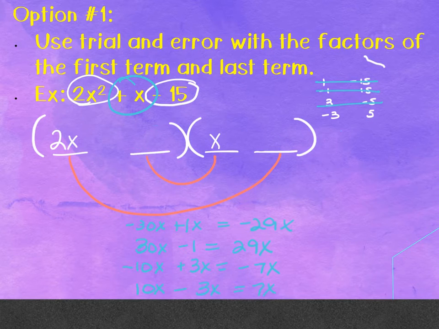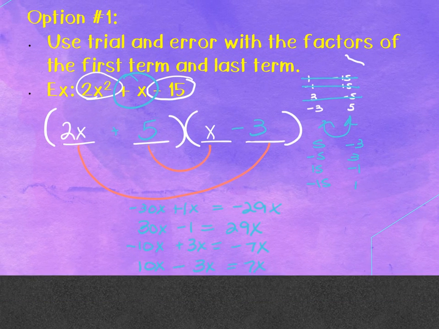and go the other way around, because that also works, right? 5 and negative 3, negative 5 and 3, 15, negative 1, and negative 15 and 1. So if I did positive 5, negative 3, now I get negative 6x plus 5x. I'm getting warmer. My sign's just wrong.